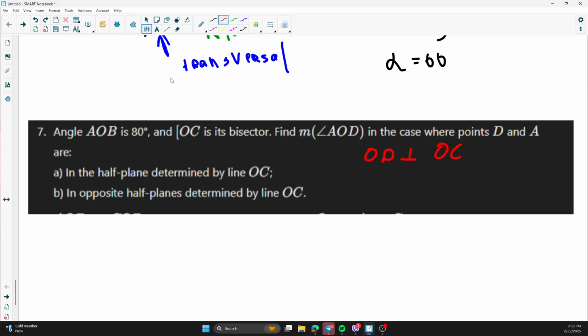Same half-plane. Alright, so you have angle AOB and OC. Okay, let's draw the angle AOB.